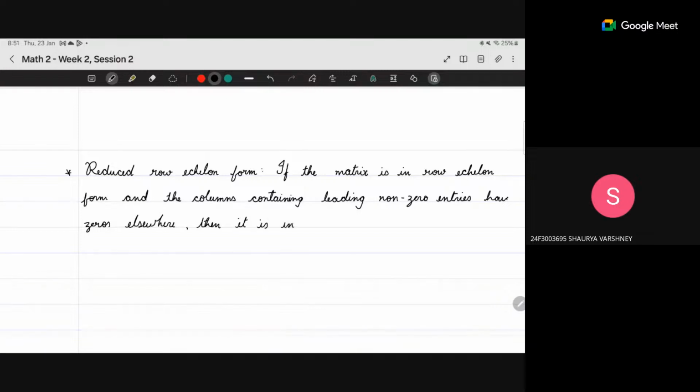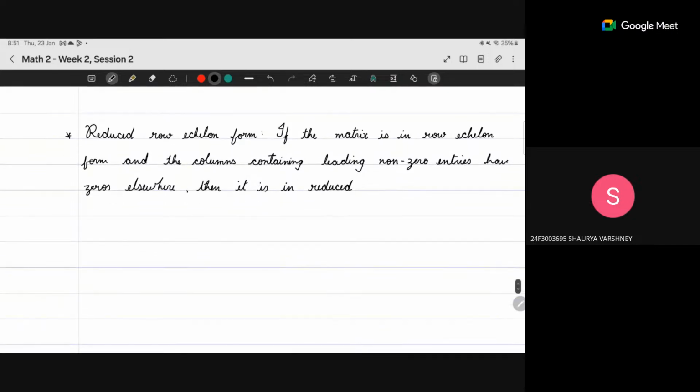Then it is in reduced row echelon form, or RREF is what the abbreviation is.